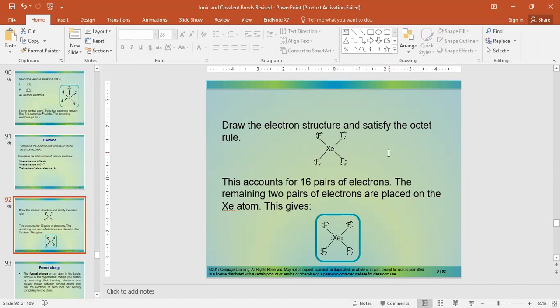So 24 plus 8 will give you 32. But remember, we are supposed to account for 36. So the question is, where are we going to take the remaining 4 electrons? Those 4 electrons are here, on both sides of xenon. And then you realize that the total number of electrons in xenon is no longer 8, but now 12.